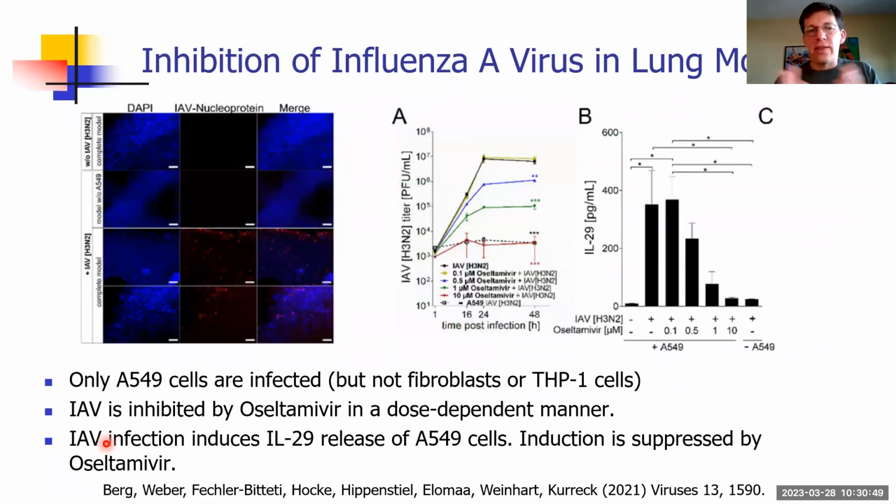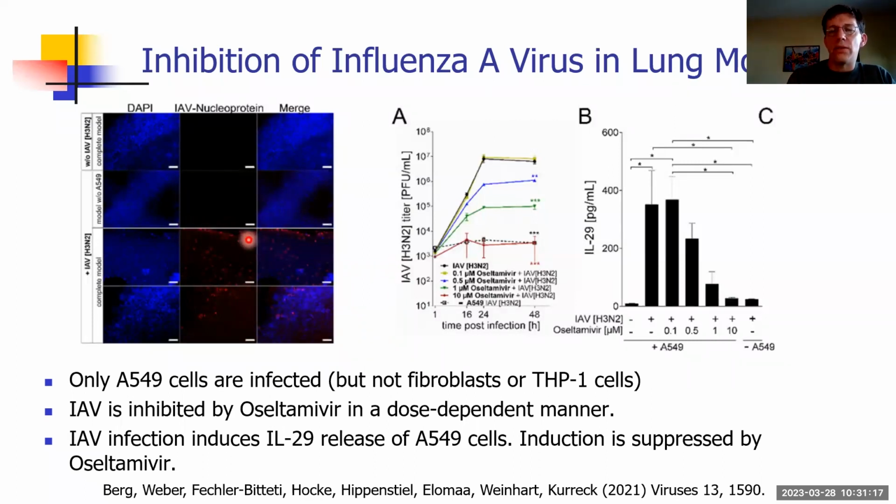And then again, as I said, we are interested in infection biology. So we used our influenza A viruses and we tested infection. So here we have models without alveolar epithelial cells, and we don't observe any infection. And only in the models that have a top layer of the epithelial cells, we find infection of these epithelial cells.